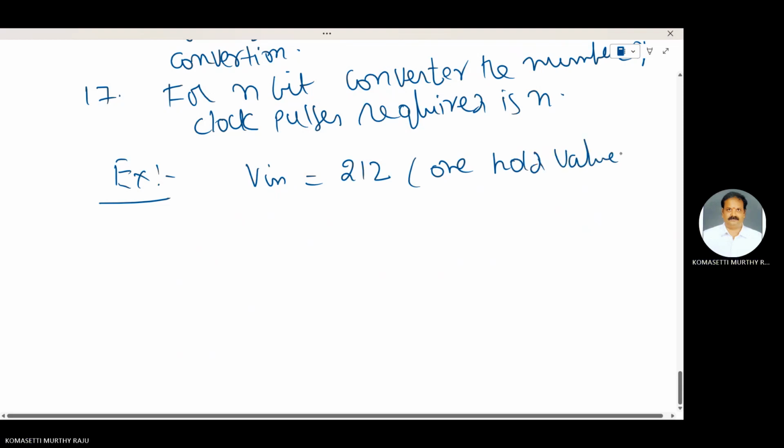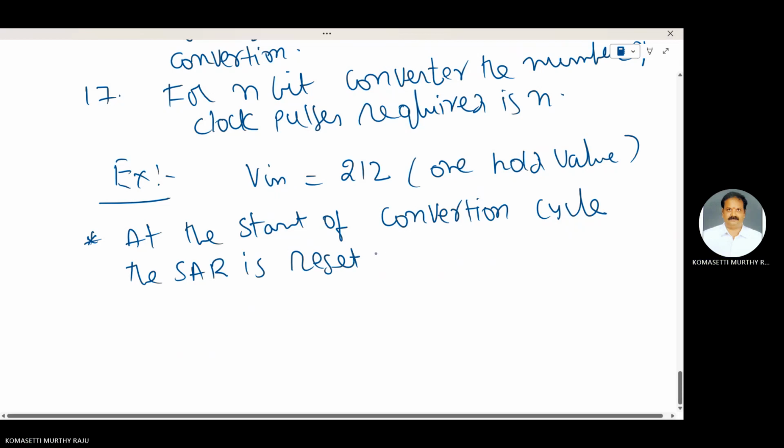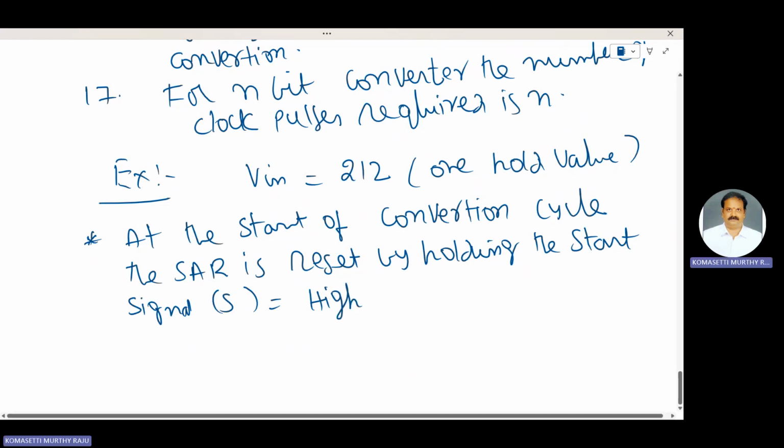At the start of conversion cycle, the SAR, successive approximation register, is reset by holding the start signal high.